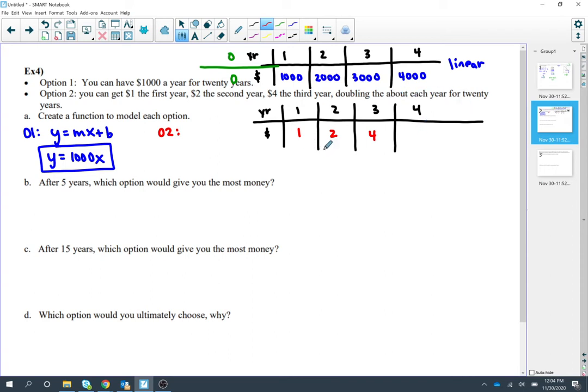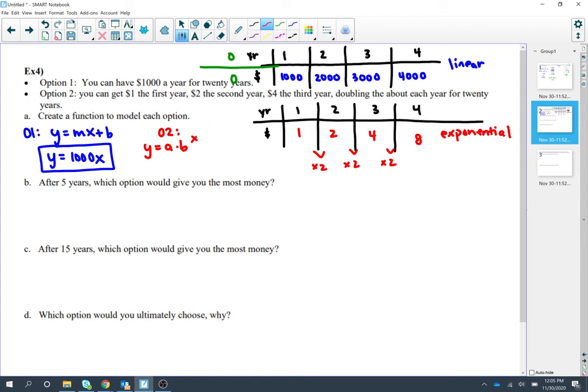So 1 times 2 times 2, that's really what we're doing here. So then this one would be 8, etc., and that's how much money we have. Now, if we're doubling each year, this is exponential. And exponential is y equals a times b to the x power.